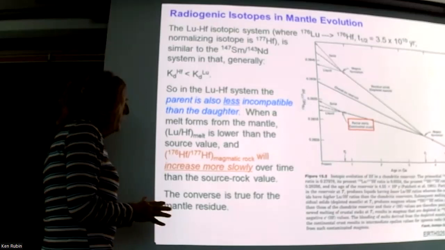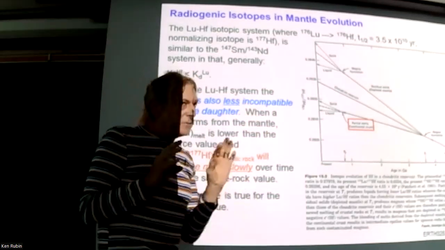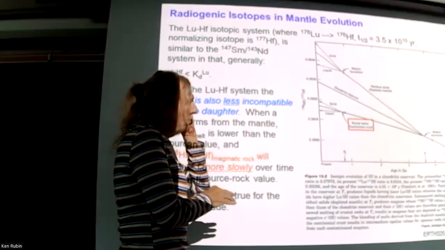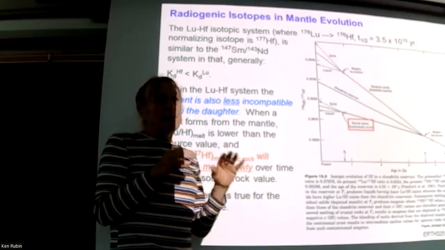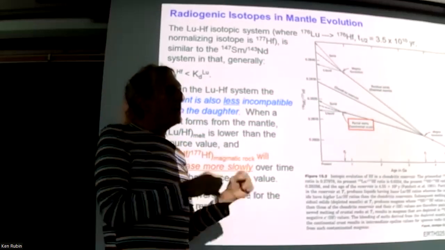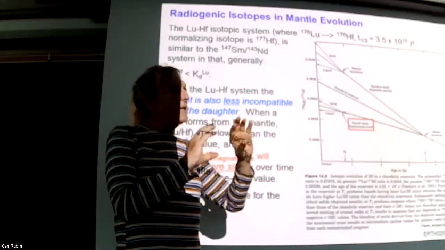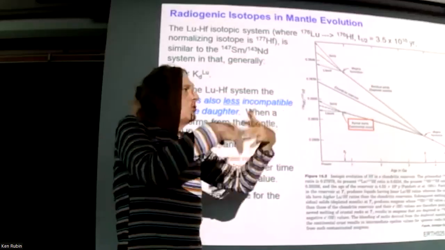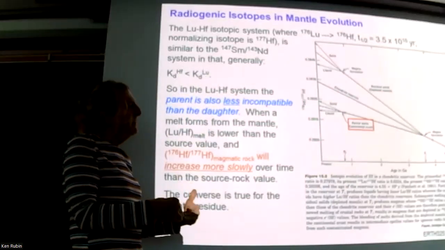Many of us who work with these things prefer, instead of using the terms enriched and depleted, which is common terminology in isotopic literature, to say radiogenic or non-radiogenic, right? And that means something different for the different systems. In the rubidium-strontium system, the radiogenic component is the melt, because it's got more parent and less daughter, and so it grows in more than the source material it came from.